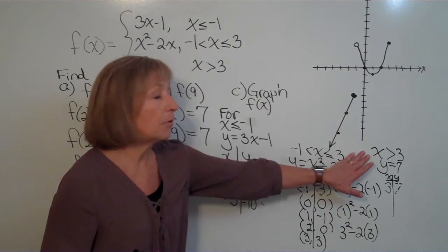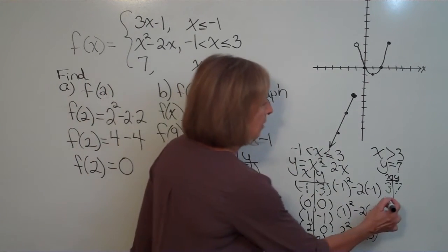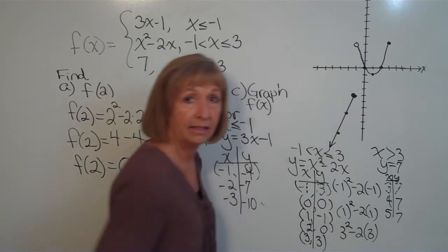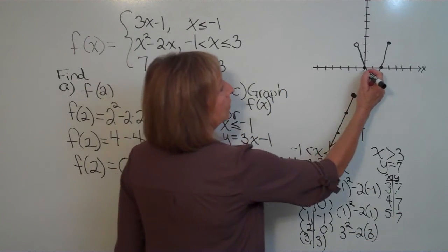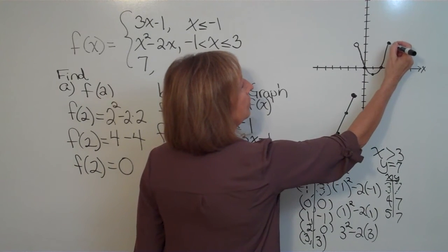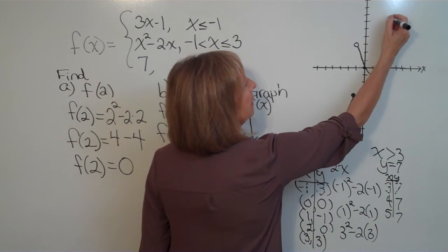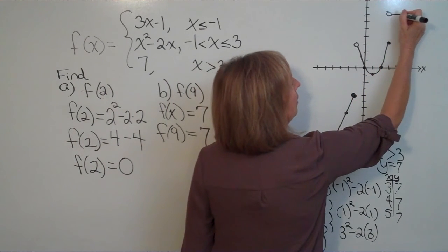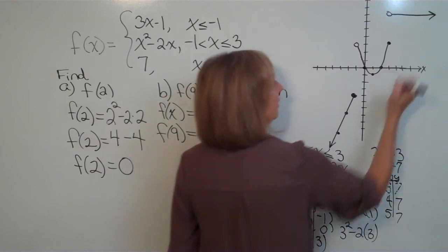So 3, and then another number that's bigger than 3 is like 4, and I'd also get out 7, and 5, and I'd also get out 7. So when I go to right 1, 2, 3, up 1, 2, 3, 4, 5, 6, 7, I'll have an open circle and then the horizontal line.